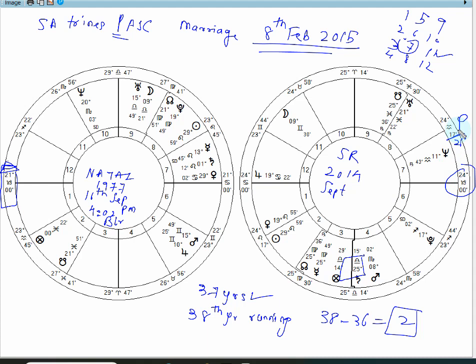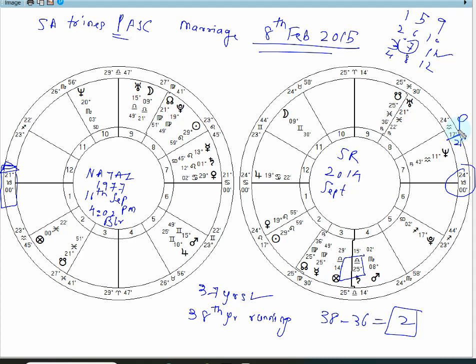Now, remember, Venus by default, being a natural significator, is a significator of love, of relationship, of wife. So obviously those themes are in the air, but again, as I said, just that is not enough. But see the beauty.